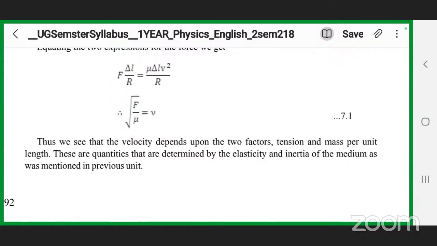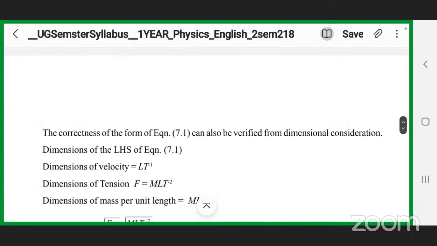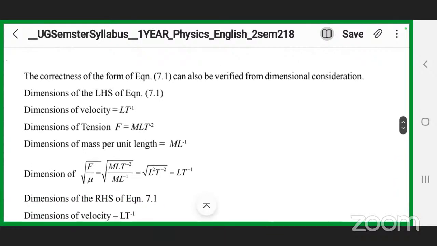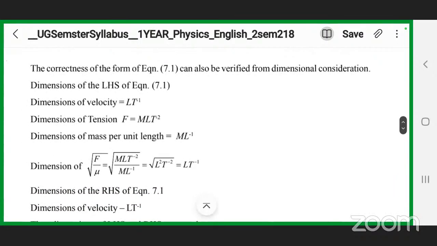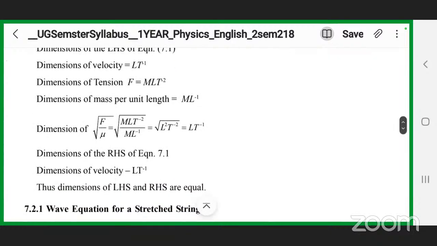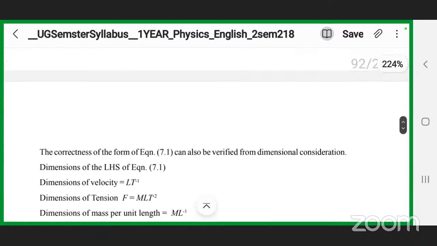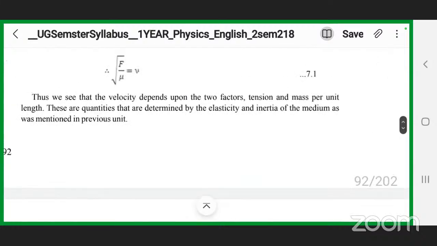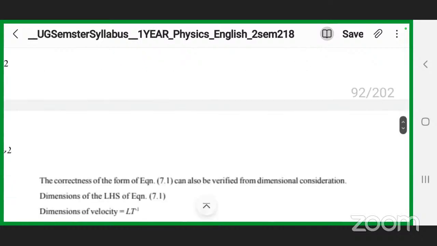There you can read out the inertial part. The dimensions of velocity and tension you need not write. Up to here, v equals square root of F by mu. That's it.